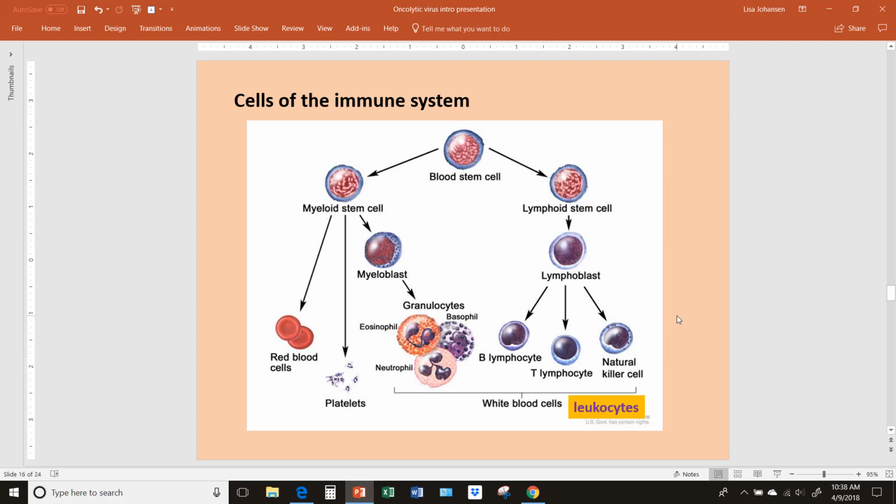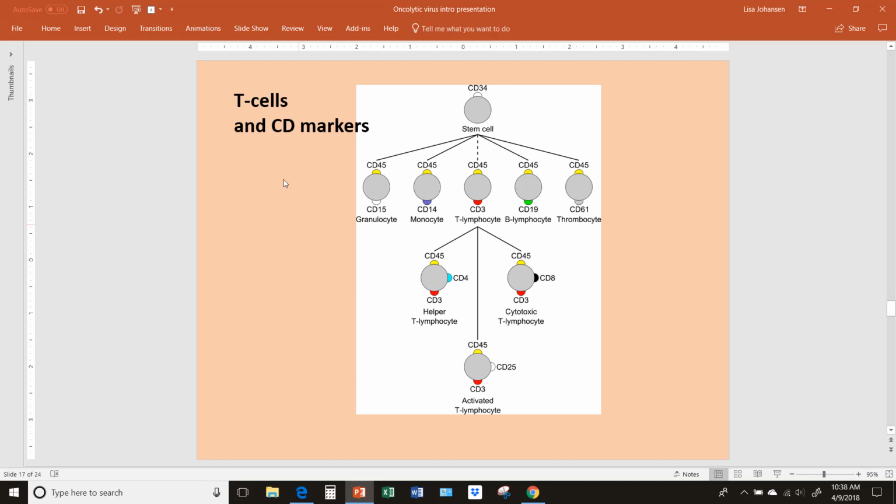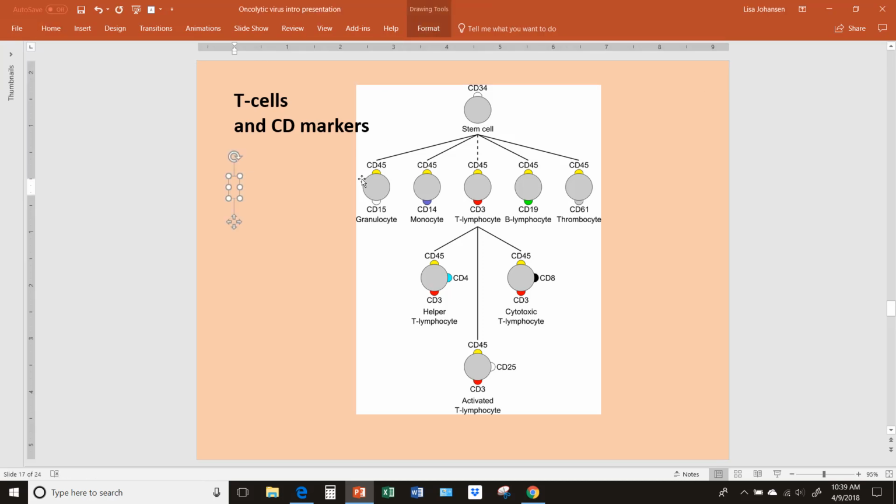Reminder about some of the cells of the immune system. If you see the term leukocyte, that just means all your white blood cells. That includes these cells of the immune system, the B cells and the T cells. They talk more specifically about T cells and these markers. I'm just going to write a couple things. All white blood cells are CD45 positive.